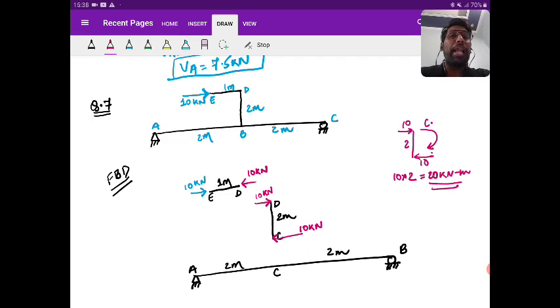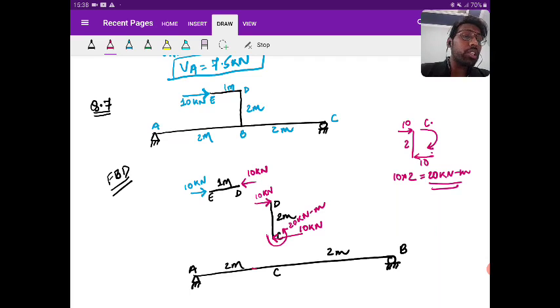So I will be balancing the couple of 20 kilonewton meter at C. It is acting in the clockwise direction, so I will apply the anti-clockwise direction of 20 kilonewton meter. Yes or no? Now the member CD is balanced and we are going to move to balance the joint C.